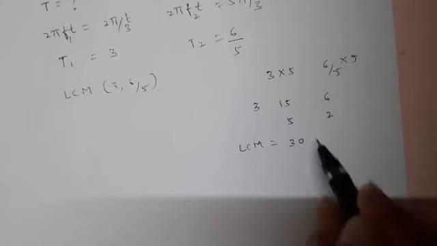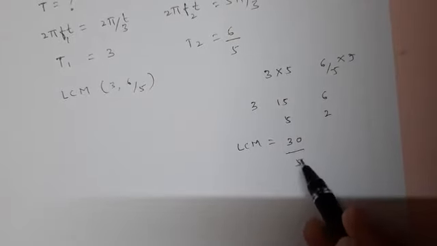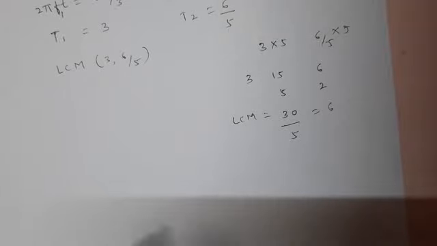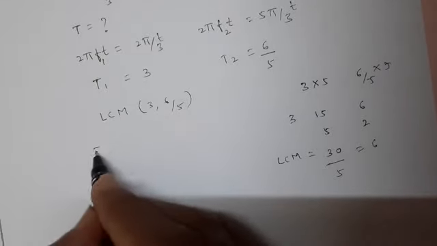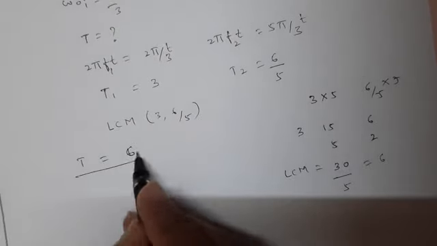Since you have taken 5 as a multiplication factor, divide by 5, which gives you 6, and hence your period T is equal to 6.